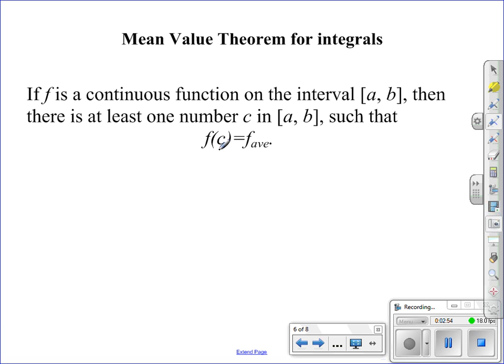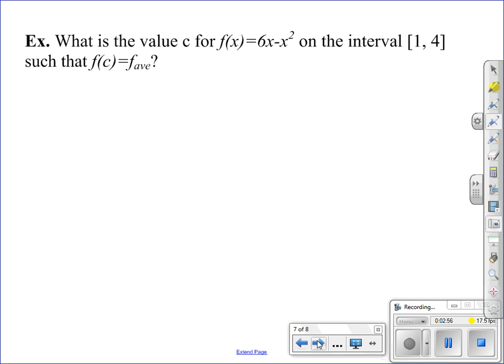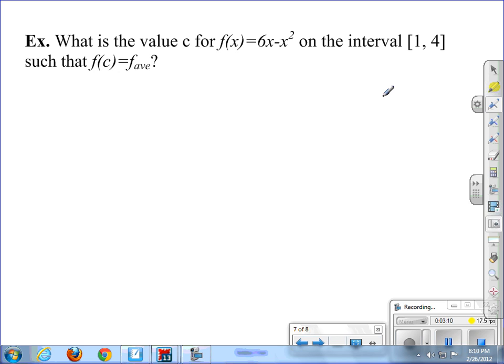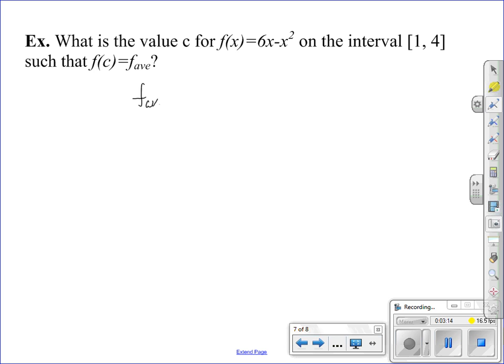Now if we look at the same example, 6x minus x squared on the closed interval from 1 to 4, we want to find the c or the x value to make it equal to the f average. By the previous example, we know f average for this problem is equal to 8, right? So we are looking for a c value so that f of c is equal to 8.